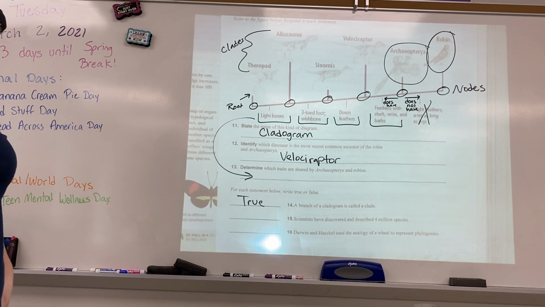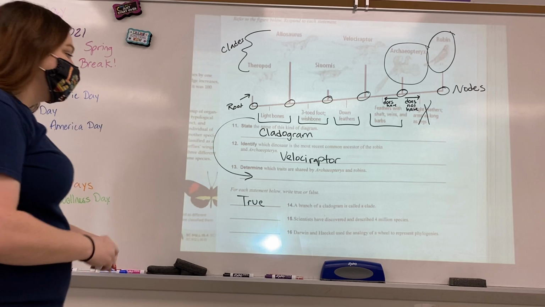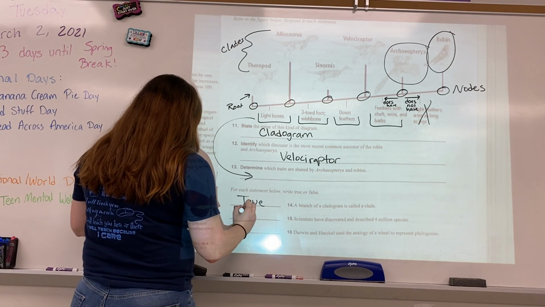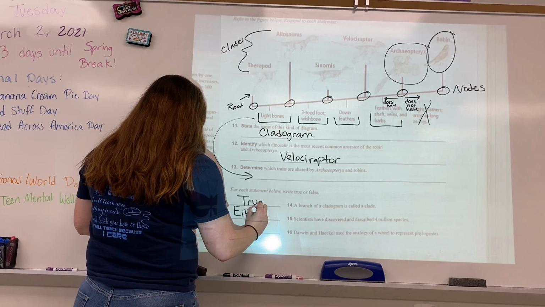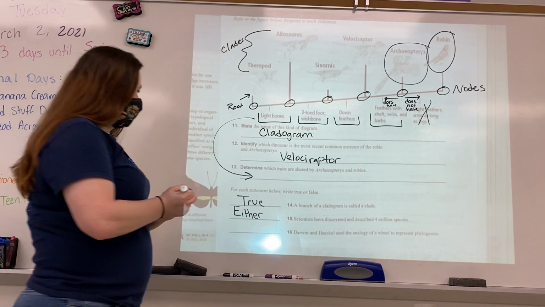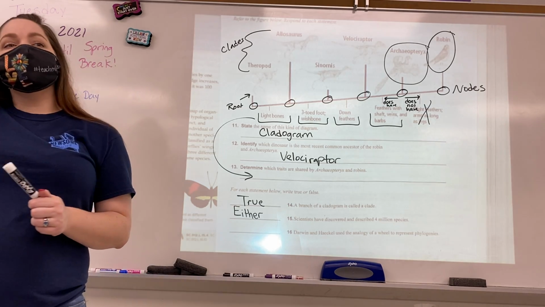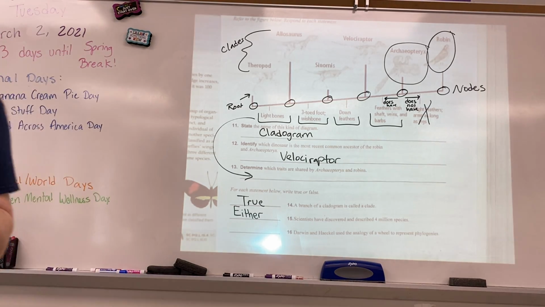Yeah, 8.7 million. Okay, so my key says either. Oh, but it says discovered and described. It says currently 1.64 million have been named. Okay, so what I'm thinking, why the answer is either.